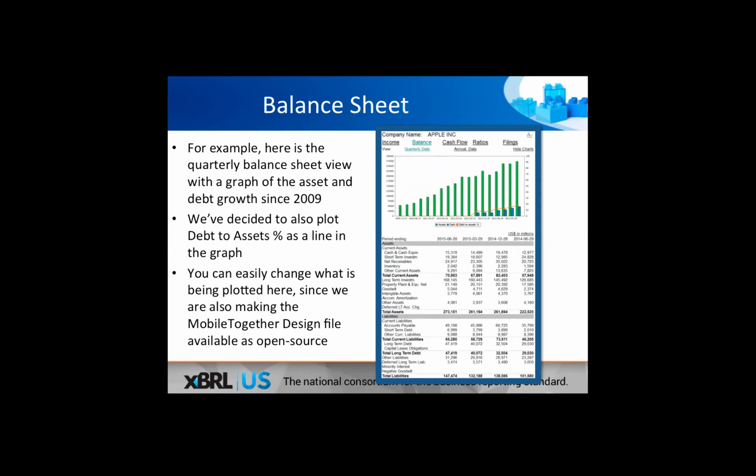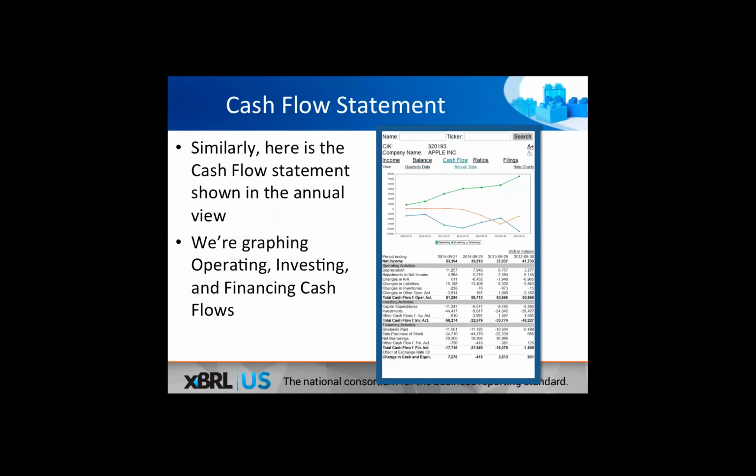As I mentioned in the beginning, we're making the sources available for this on GitHub. So if you want to plot different data or look at other options, you can easily change that at any point in time. Last but not least, we've got the cash flow statement, and we can also look at that annually or quarterly.